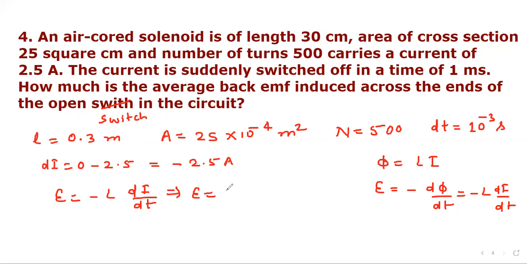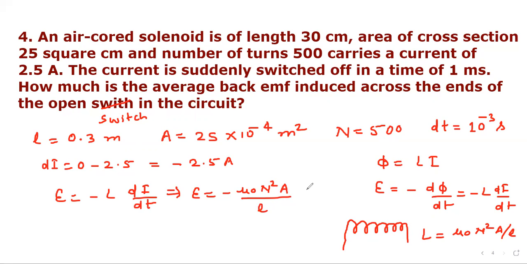So E equals minus L. Here our purpose is to get back EMF, and if we are given a long solenoid and we have to find out L of the solenoid, so that is given by mu naught N square A divided by L. So we have to write that formula here. So minus L, mu naught N square A divided by L, multiplied by di by dt.